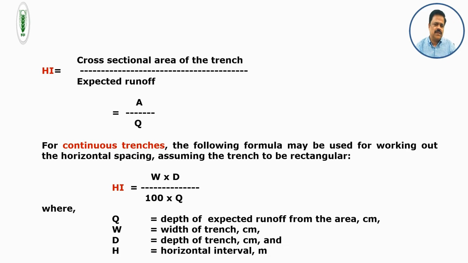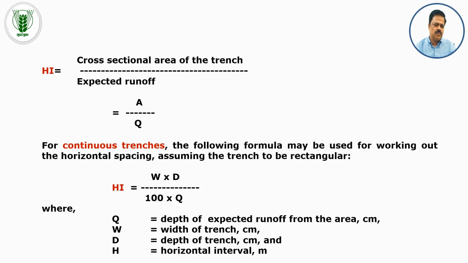There is the cross-sectional area of the trench where the expected runoff is going to be stored. How did it come? If you multiply the horizontal interval with the length of the trench, that is the total volume of water that is going to be produced, and that will be stored in the trench. And if we multiply the cross-sectional area of the trench and the length of the trench, we get the total volume. So if we cancel L on both sides, we get HI = A/R.